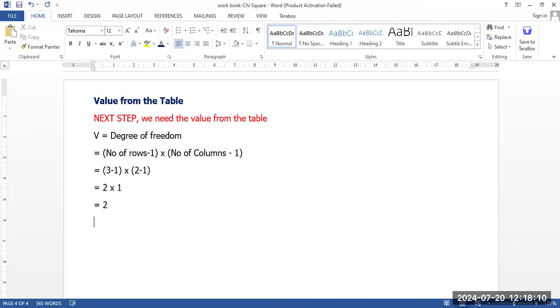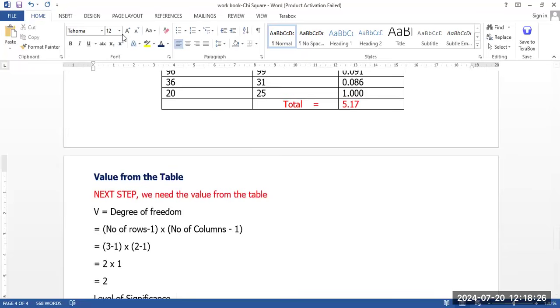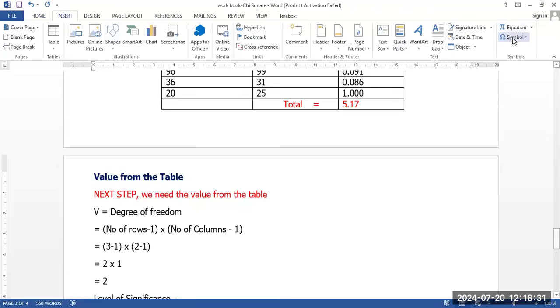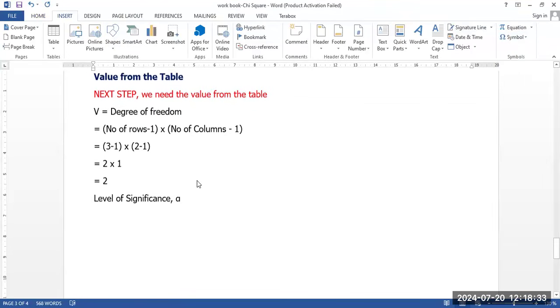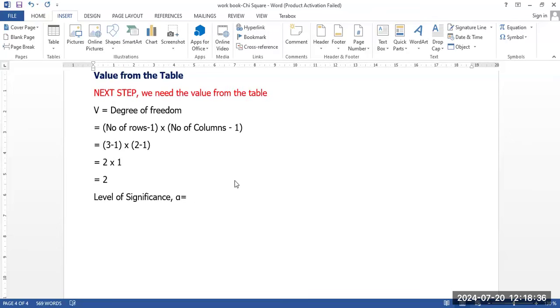Then what is our level of significance? What is the percentage given in the question? It is 5%. So that is alpha, which is equal to 5%, approximately 0.05.